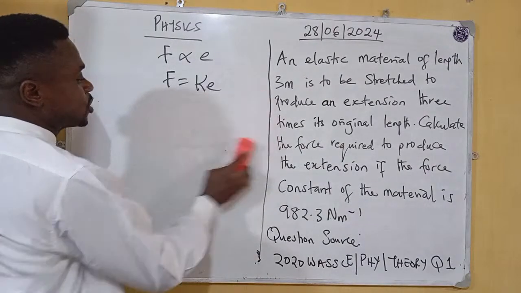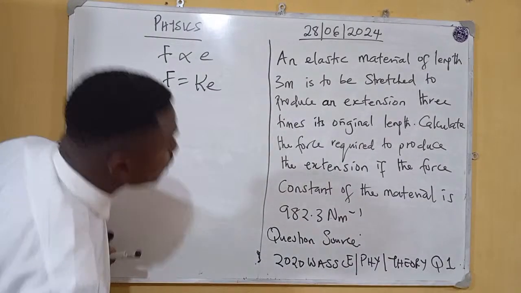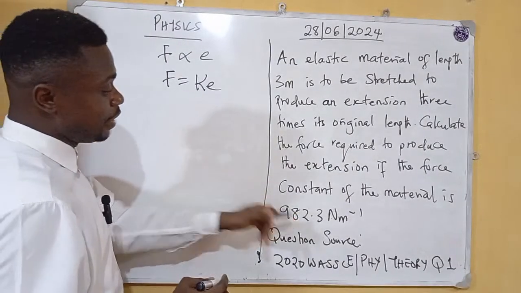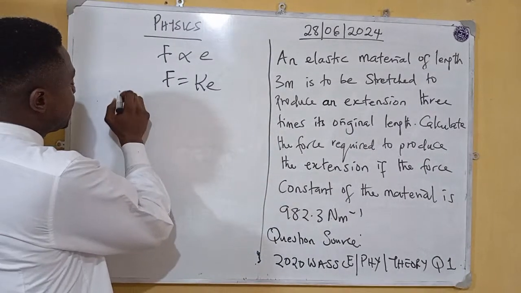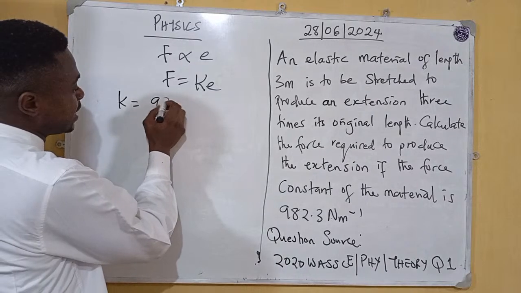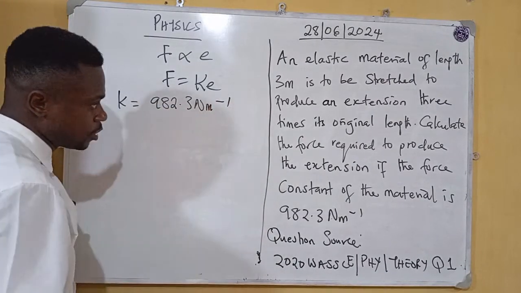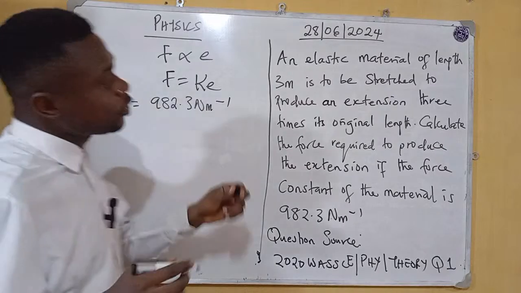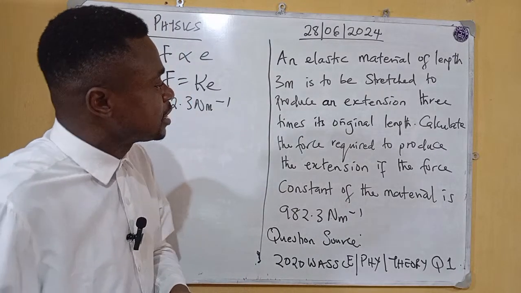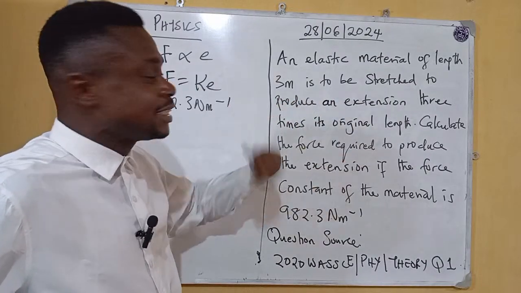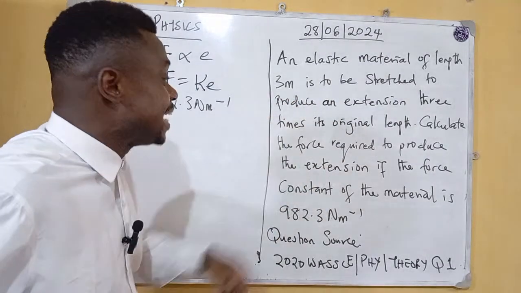So now let us solve the question. From the question, the force is what we are looking for. We don't know the force. The force constant K is equal to 982.3 Newton per meter. We are told that the material is stretched to produce an extension 3 times its original length.